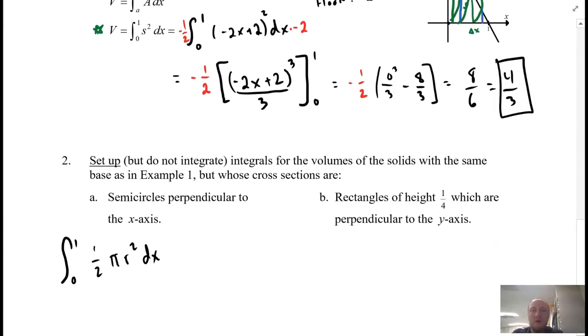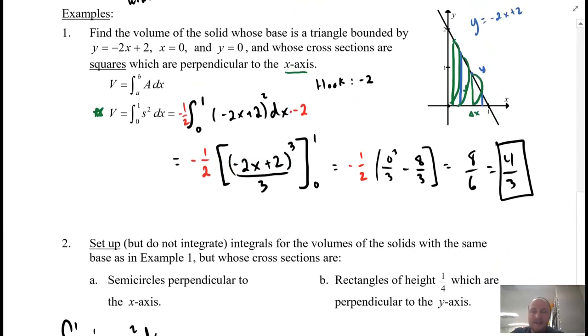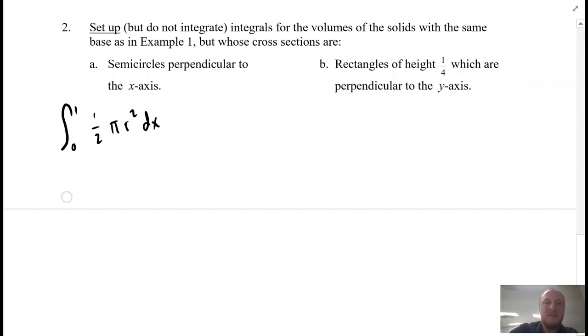But notice I have an r. I want this to be in terms of x, so I need to replace my radius. If this is a semicircle, our radius is only going to be this distance, so essentially it's half of whatever y was. So 1/2 of y.